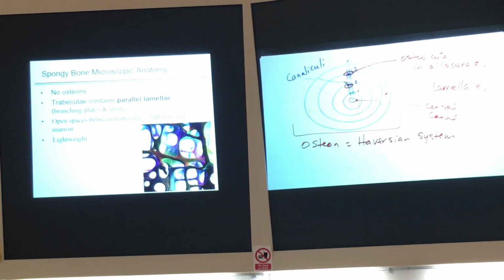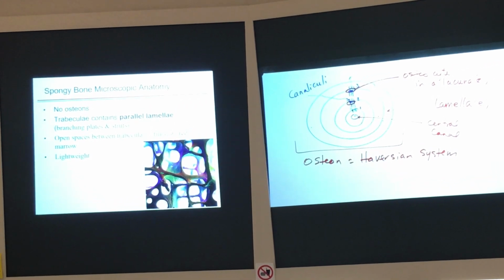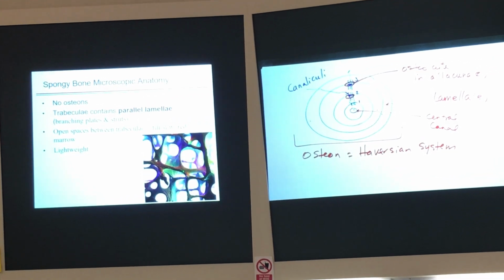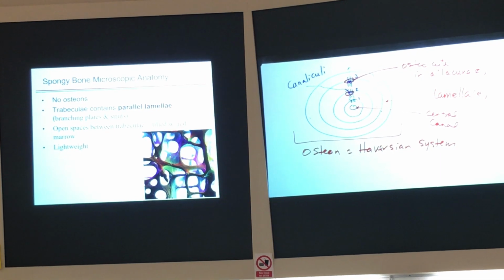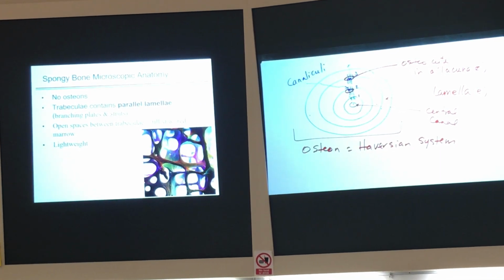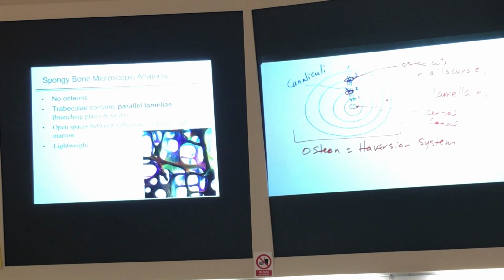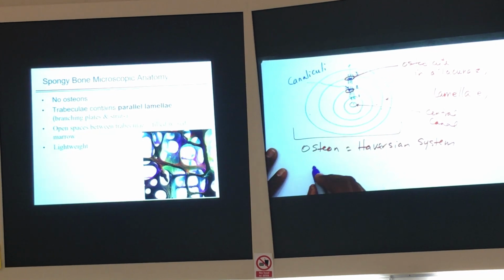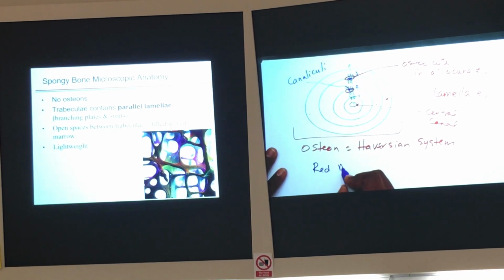So you don't see osteons in the spongy bones, but you see trabeculae. In this space is where you find marrow, which is red marrow, and the yellow marrow that makes the bone lighter. So what is the function of red marrow?